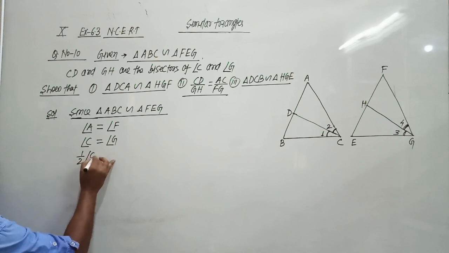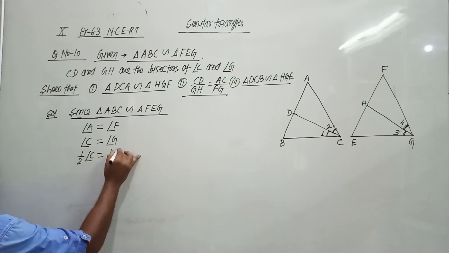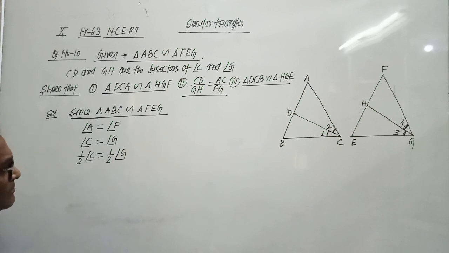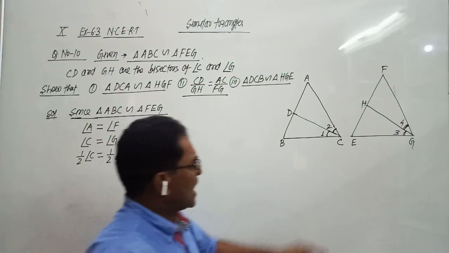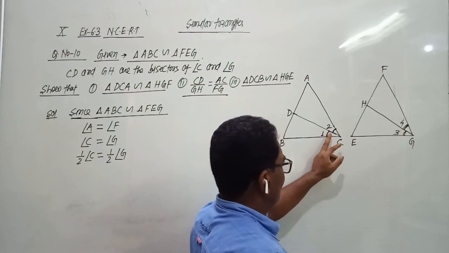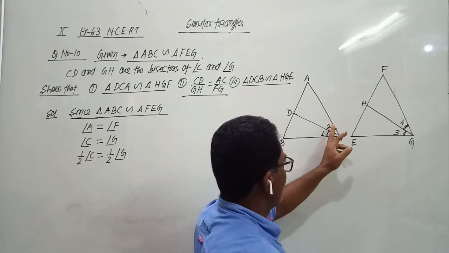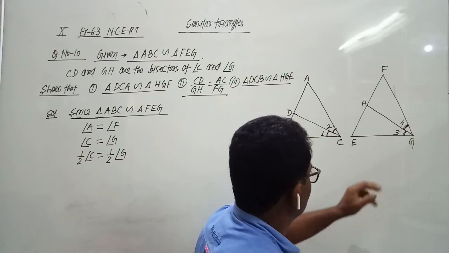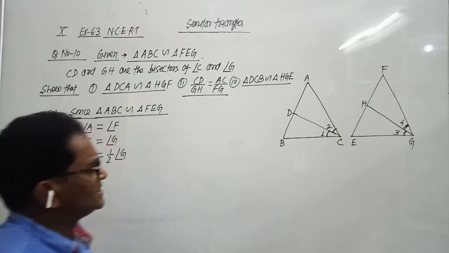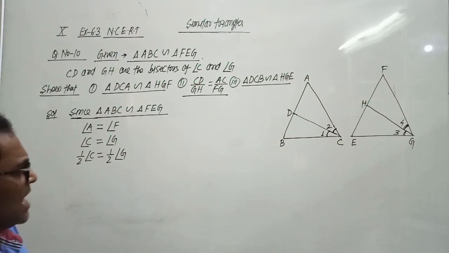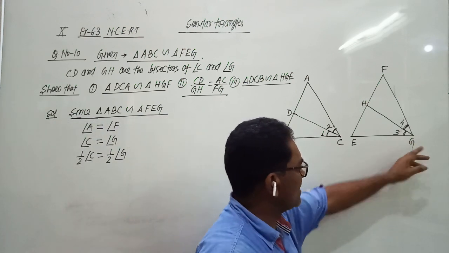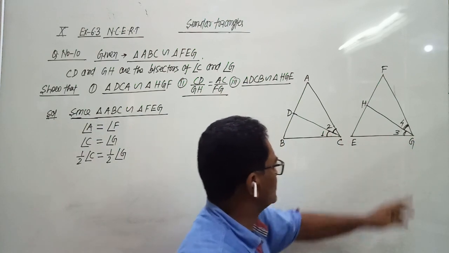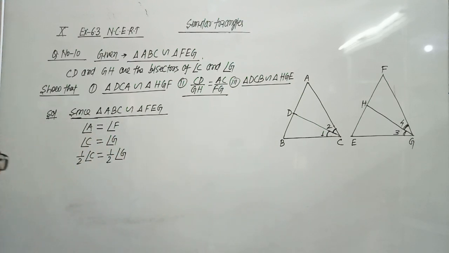So half angle C equals half angle G. It means angle 1 equals angle 3 and angle 2 equals angle 4, because CD is the bisector of angle C and GH is the bisector of angle G, and half of angle C equals half of angle G.